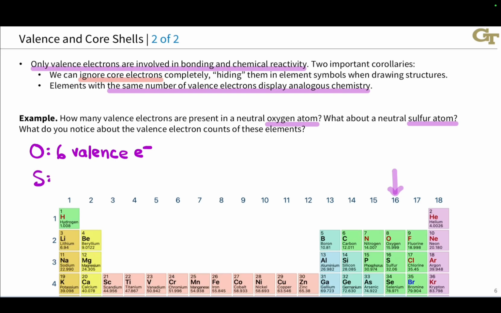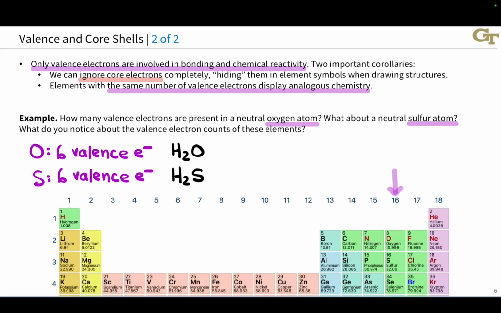And so sulfur as well has 6 valence electrons. The thing we want to notice about this, of course, is that these two numbers of valence electrons are equal to each other. This is going to lead to highly analogous chemistry, where, for example, water forms a compound, H2O, with oxygen linked to 2 hydrogen atoms, and sulfur forms a compound, H2S, with 2 hydrogens linked to the central sulfur atom.